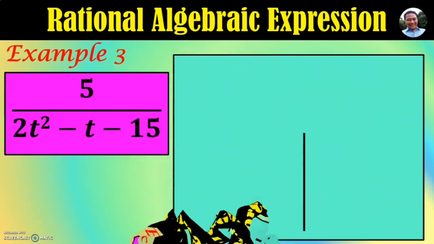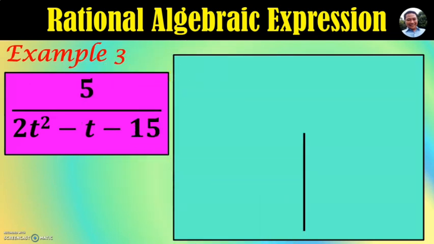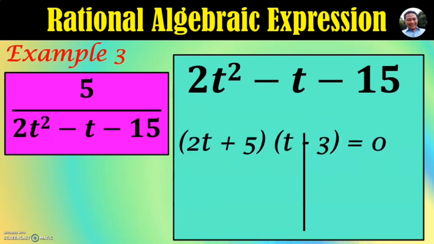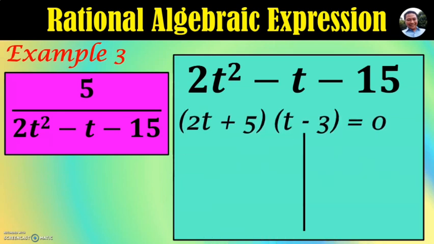How about this? 5 over 2t squared minus t minus 15. What would be the replacement value of the variable? So 2t squared minus t minus 15. By factoring, we have 2t plus 5 multiplied by t minus 3. Equate both factors to 0. So 2t plus 5 is equal to 0.